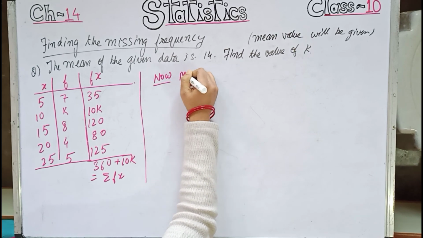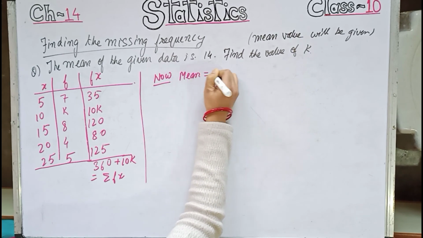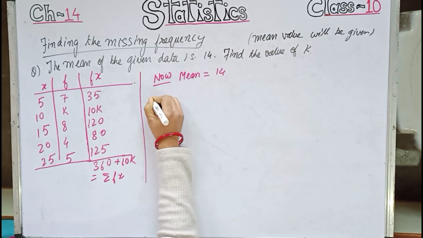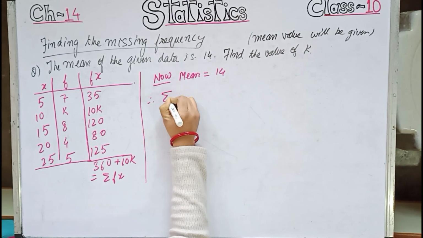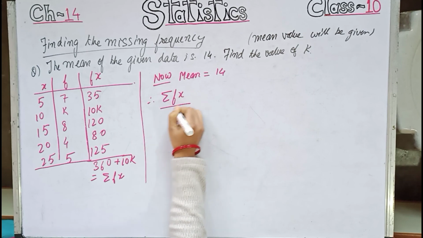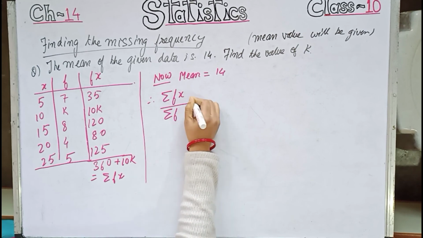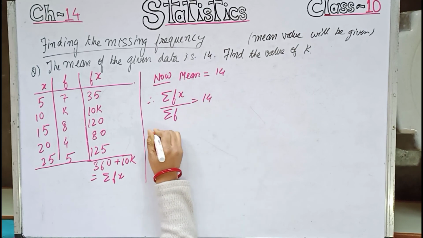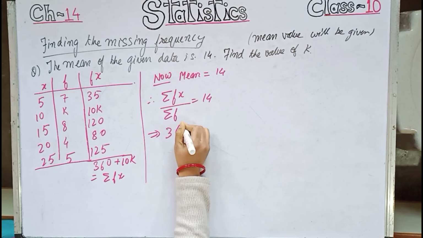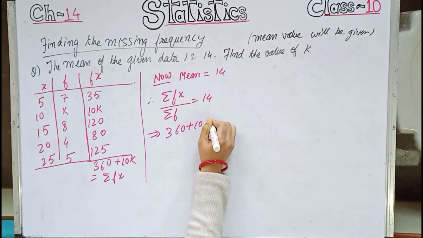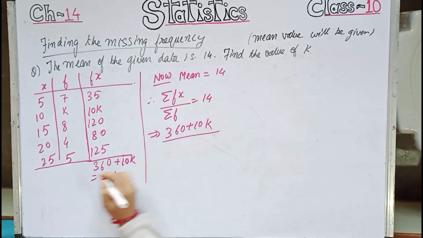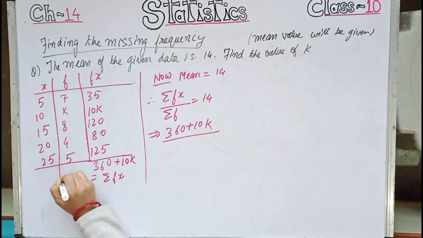Now mean equals 14. Therefore summation fx by summation f equals 14. This implies 360 plus 10k by summation f. So summation f also we have to find.